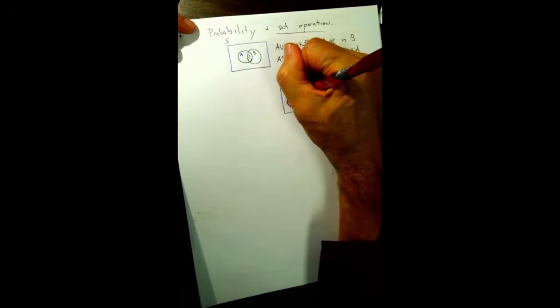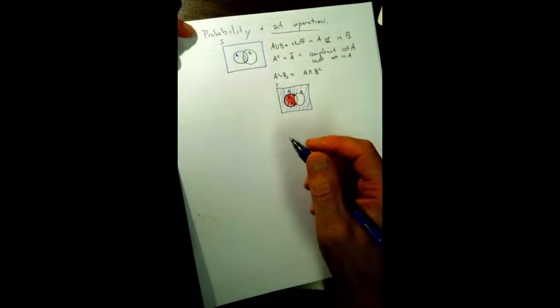But if I take the complement of the stuff on the outside, I end up excluding that, and I'm only working with that set right there. So anything in here is in A, but it's also outside of B. All right, so there's all kinds of nice things we can do.